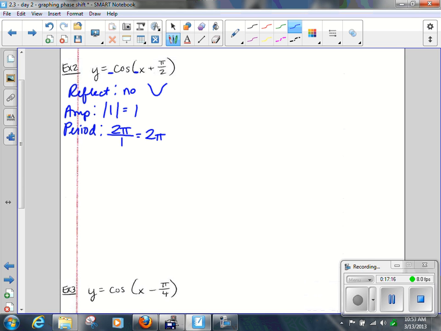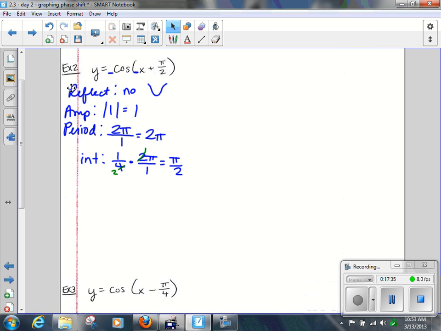And now we indent for the interval, which is 1/4 times 2 pi. It happens again, right? Pi over 2. Do you guys agree with that? Yeah? What's next? Phase shift. Okay, here we go.